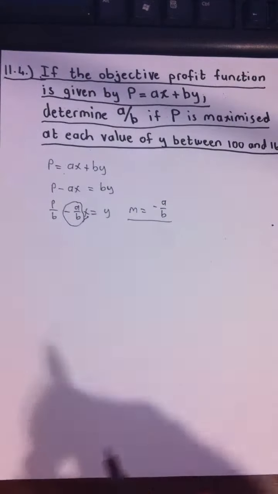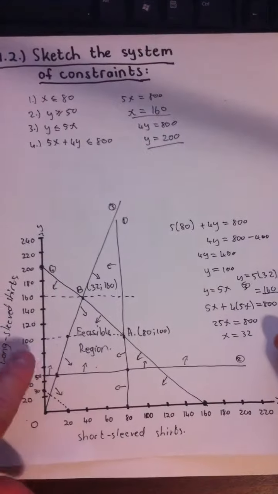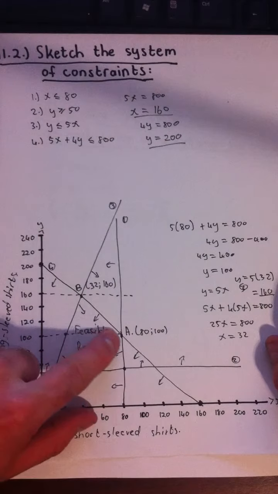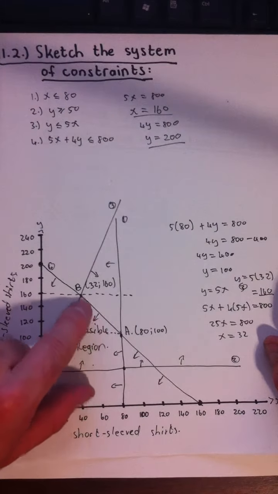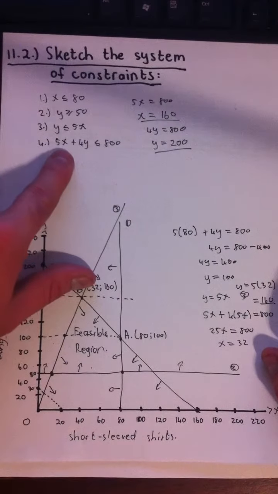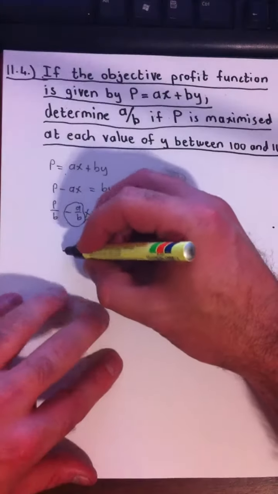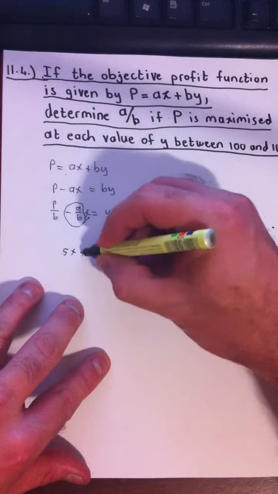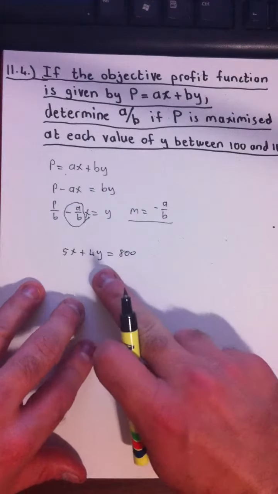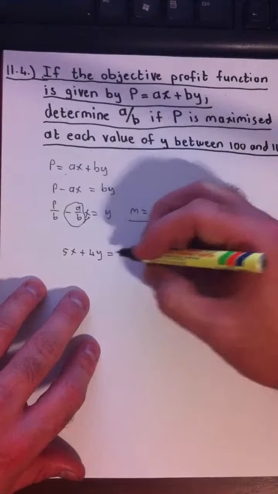And now we saw that between Y equals 100 and Y equals 160, profit will be maximized along this line. So what's the gradient of this line? Well, this is number 4 here, it's the 5x plus 4y equals 800. Let's find the gradient of this equation.